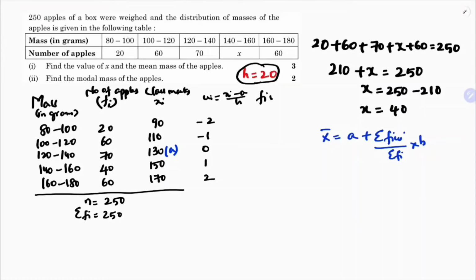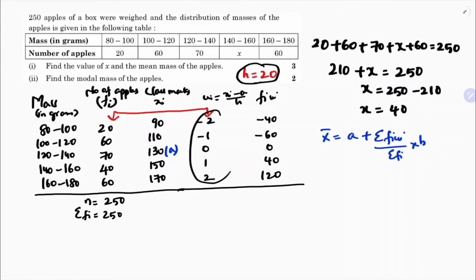Now calculate Fi Ui. You need to multiply these two. 20 into minus 2 is minus 40, 60 into minus 1 is minus 60, 70 into 0 is 0, 40 into 1 is 40, 60 into 2 is 120.